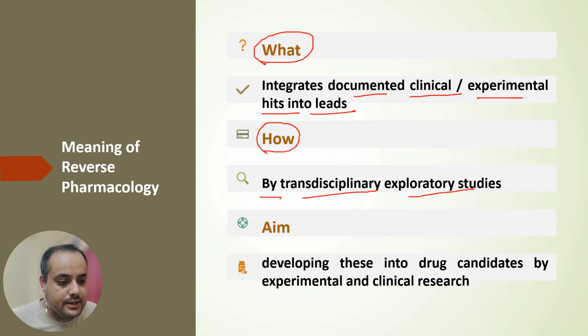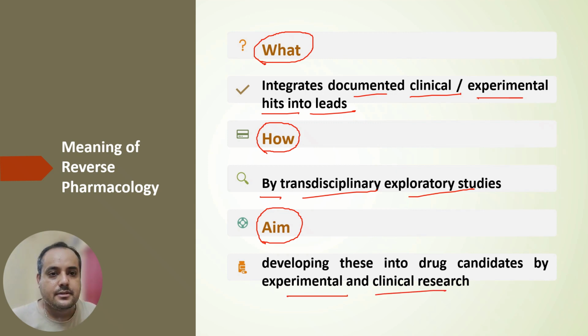And finally, what is the aim of reverse pharmacology? What is the aim of these two steps? The final aim of reverse pharmacology is to develop these into drug candidates with the help of experimental and clinical research, right? So this is the definition.